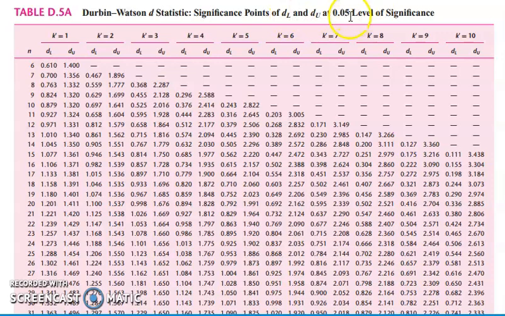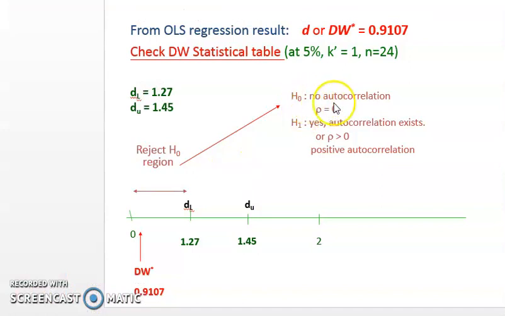This is the table for the 5% level of significance. H null: there is no autocorrelation; H1: autocorrelation exists. This is the line that we need to construct from 0 to 4. In the middle is 2, and then we have the lower limit and upper limit. We found from the table the lower limit is 1.27 and here is 1.45. These are the critical values.